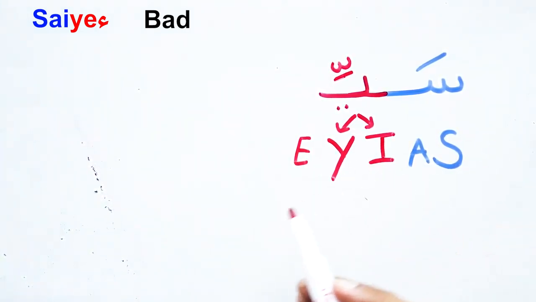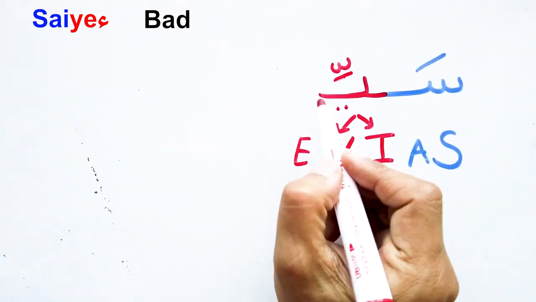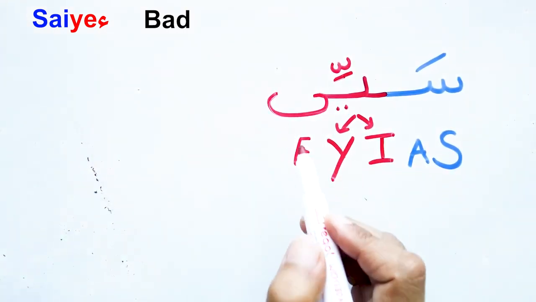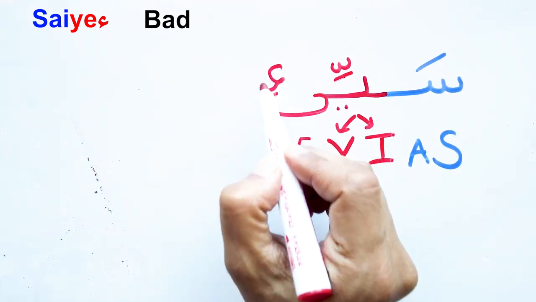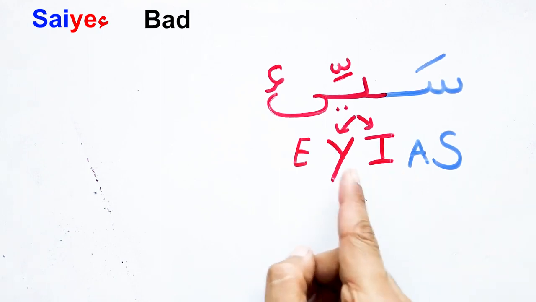سيء. Pay attention, I have this here and I will add the hamza. This hamza sounds like سيء.